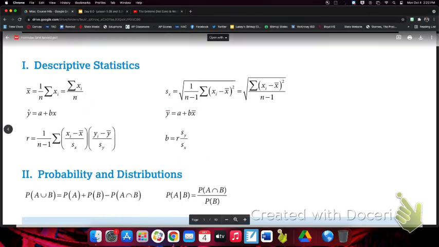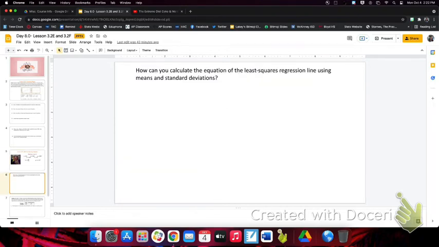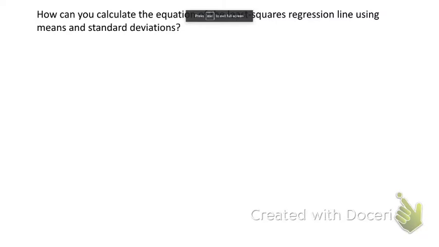So let's do that. I will rewrite the formulas here so we can write down what they mean. So here they are again. The first one was y bar equals a plus b x bar. What does y bar stand for anyway? Average.